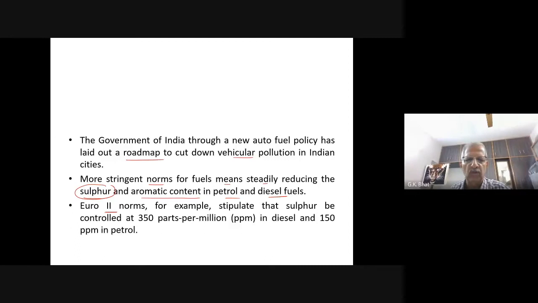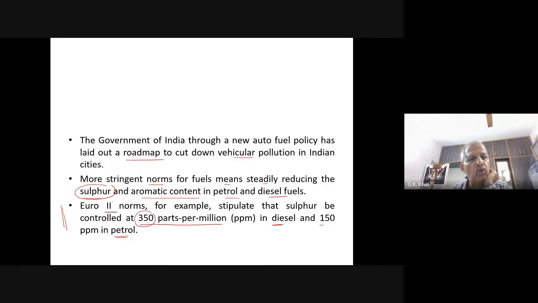Euro 2 norms, for example, stipulate that sulfur be controlled at 350 parts per million in diesel and 150 parts per million in petrol. Very important. We have to control it to this level.